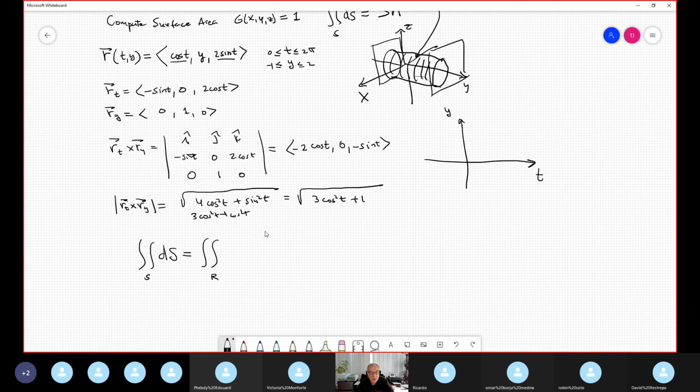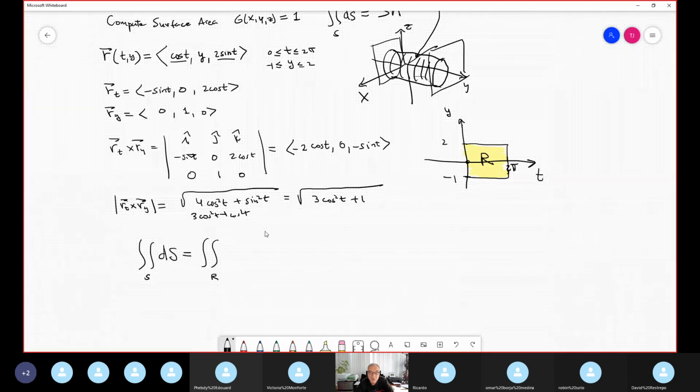And the parameterization is T from 0 to pi, and Y goes from -1 to 2. This is my region, this is my domain in the YT domain. This is my region R.